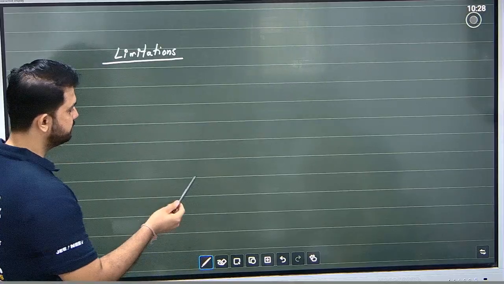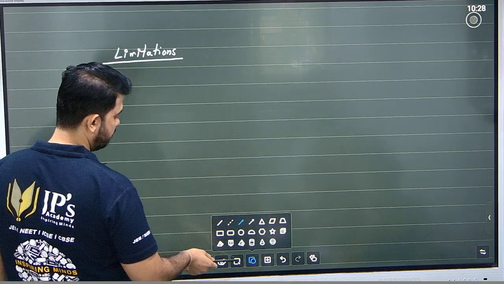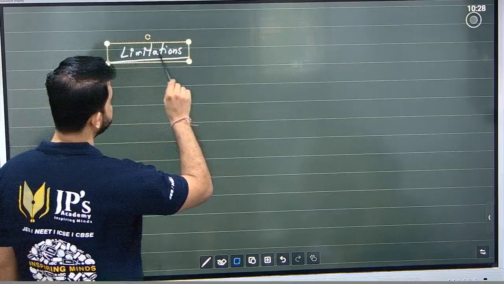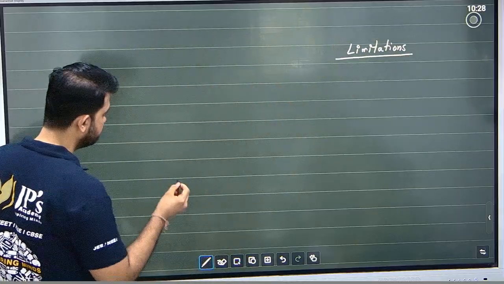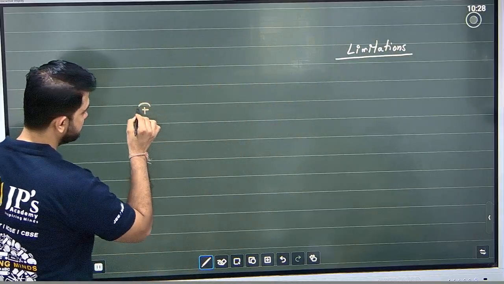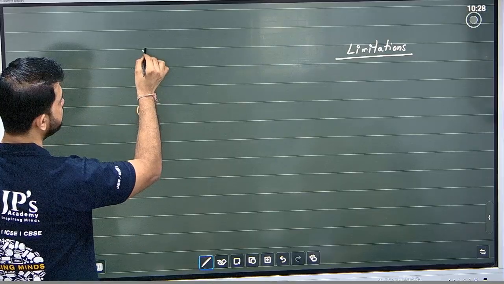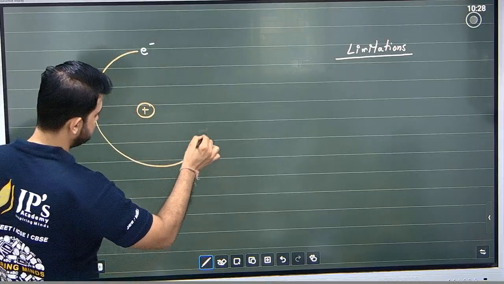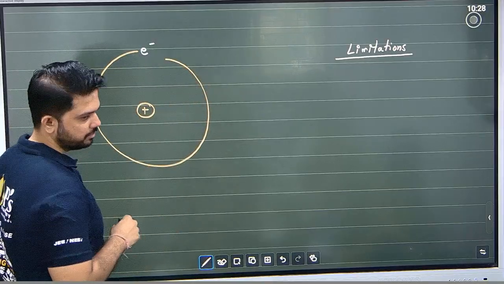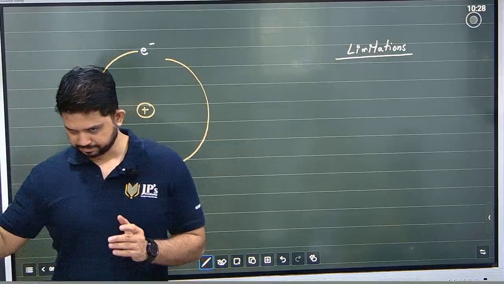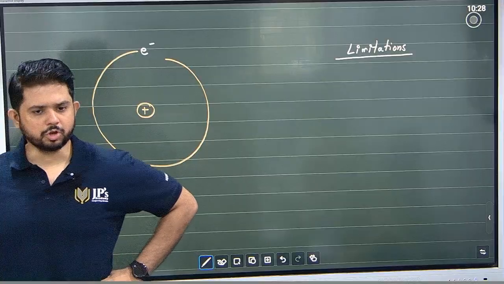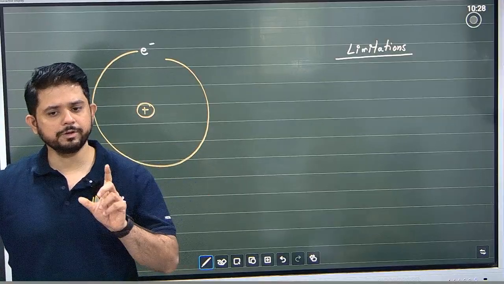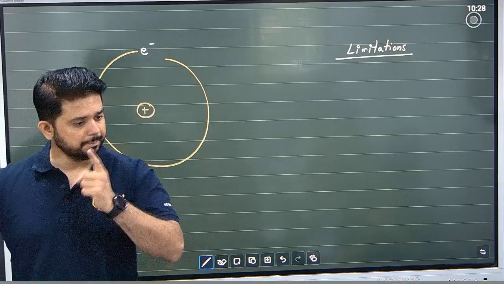We know that according to Rutherford, at the center of the atom we have the nucleus, and electrons revolve around the nucleus in circular orbits. Later there was one more theory, Sommerfeld's theory, which said that the orbits were not circular but elliptical.